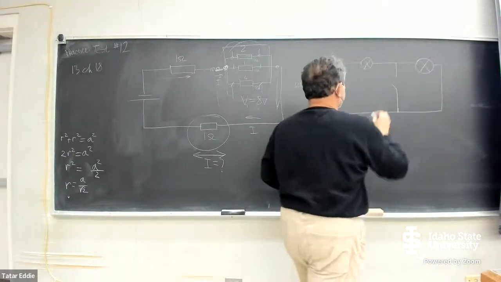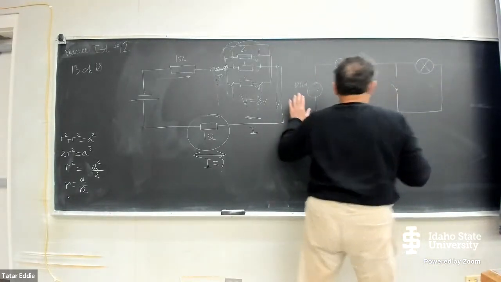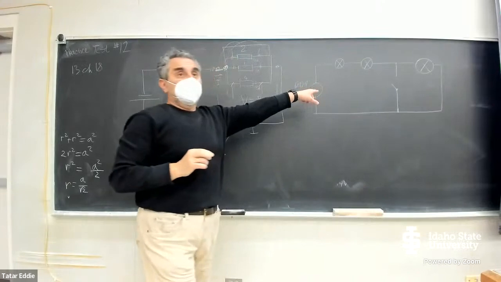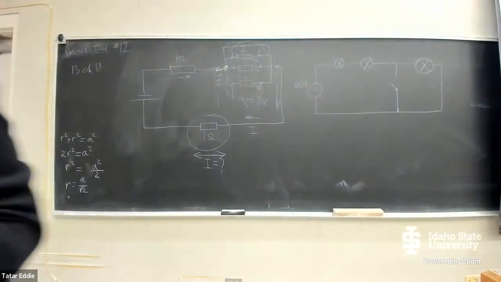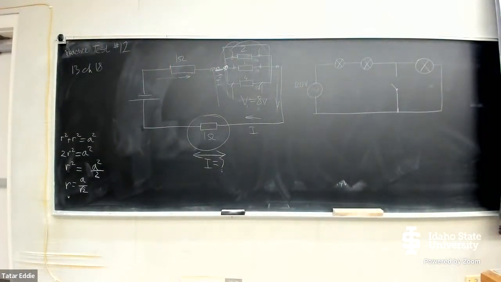The first question is, when the switch is open, how many light bulbs are going to be on? Let's see. When the switch is open, you can completely forget about this horizontal, this vertical line with the switch.